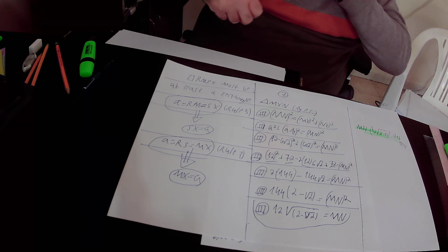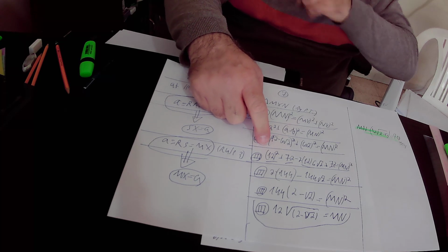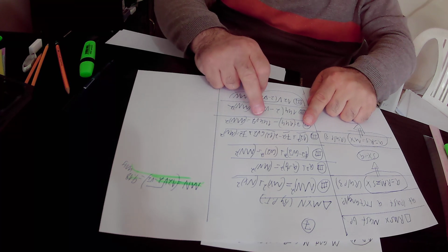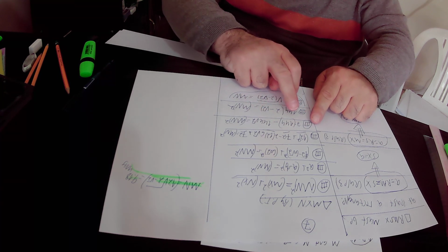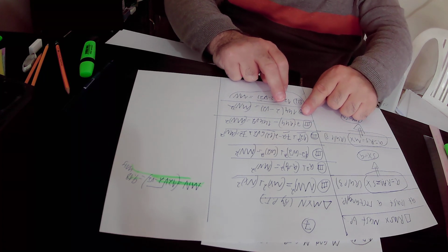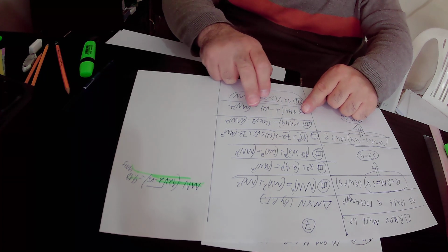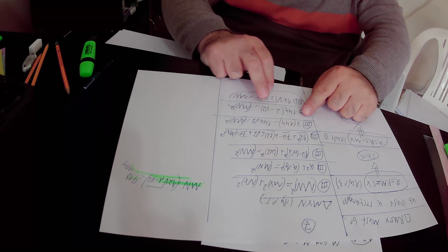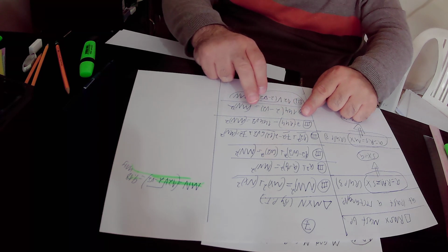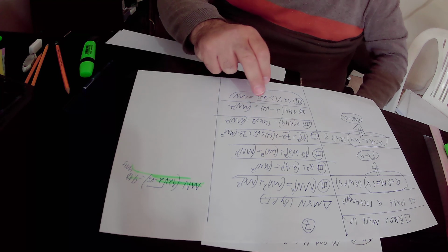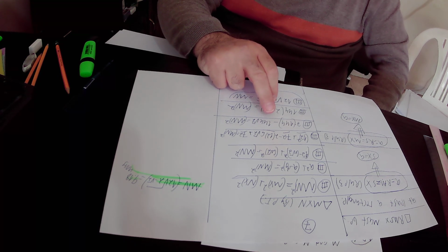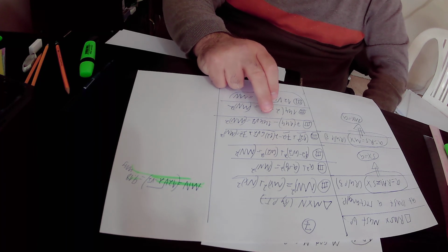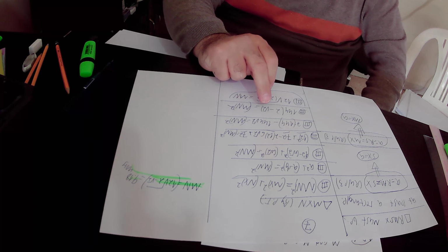Here we have 12 square, that is 144, plus 72 plus 72, which is also 144. 144 plus 144 is 2 times 144, and we have here also 12 times 6 times 2, 6 times minus 2 is minus 12, minus 12 times minus 12 is minus 144.